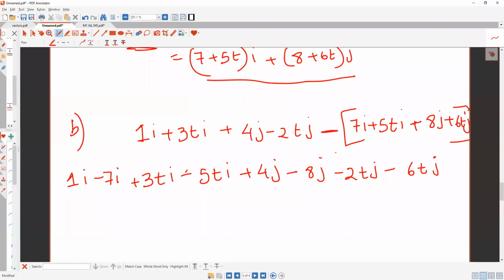Now open the brackets. 1i minus 7i is minus 6i. Plus 3t minus 5t is minus 2t i. Then 4 minus 8 is minus 4, then minus 8t j. Now bring all the i together, bring all the j together.